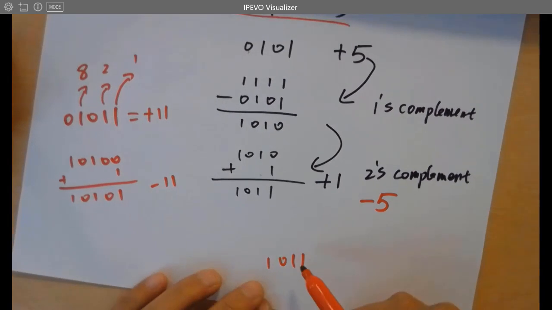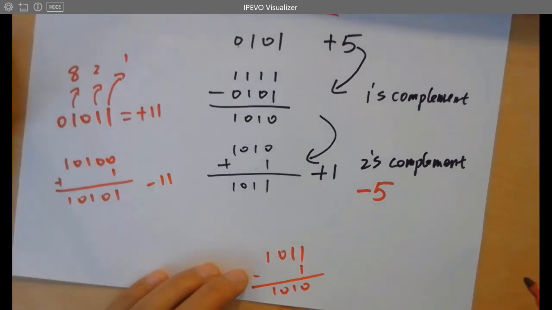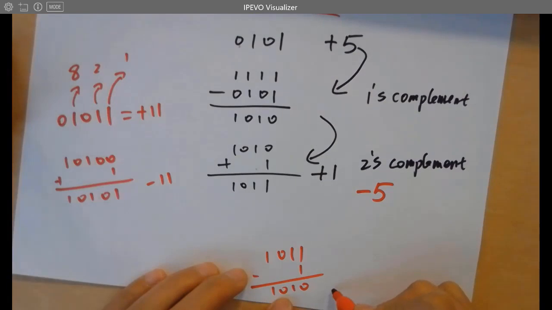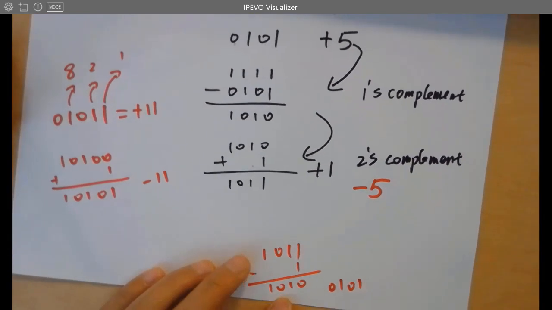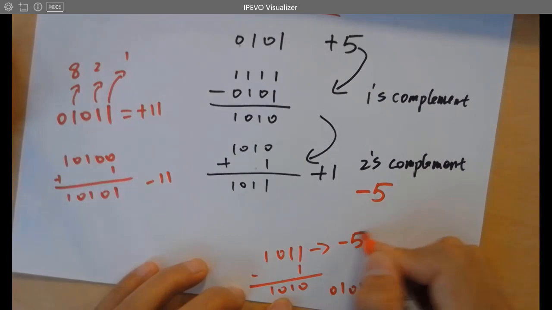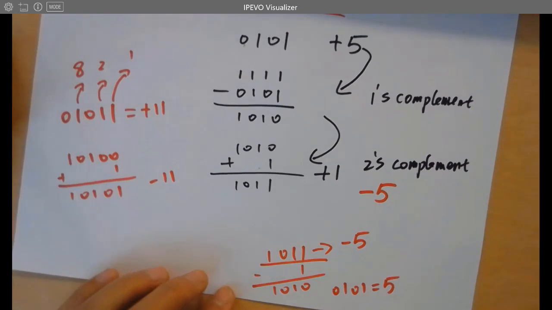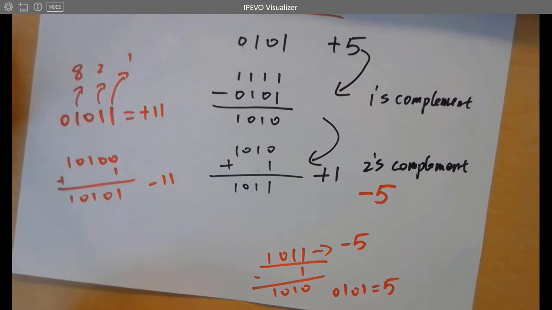So minus 1, you got 1010, and invert it: 0101. So what is that? 5. So what is this number? Minus 5.